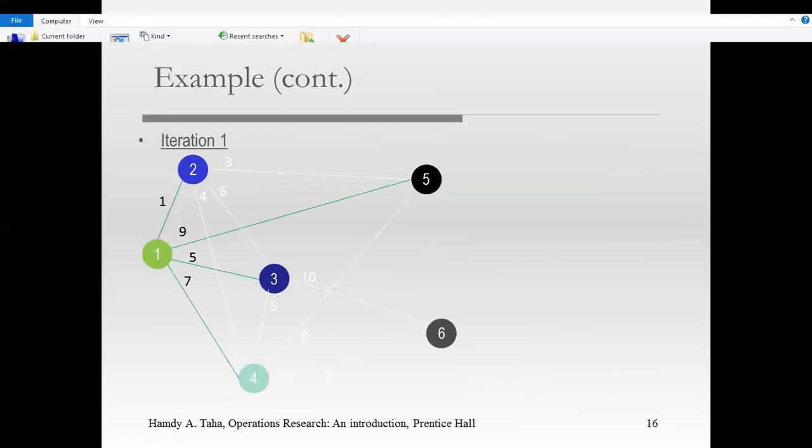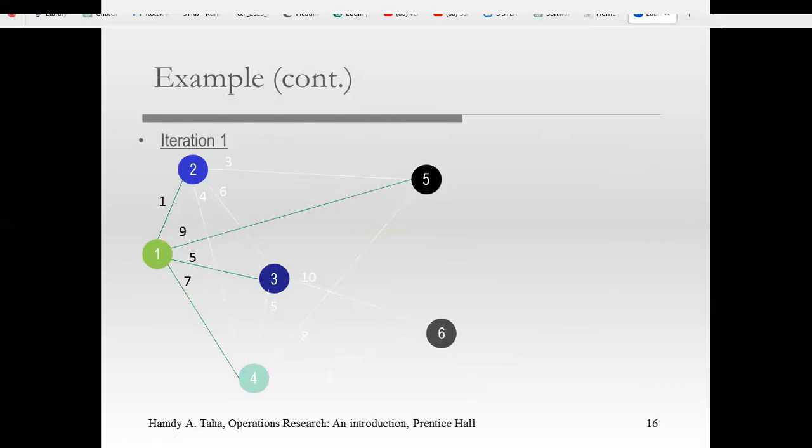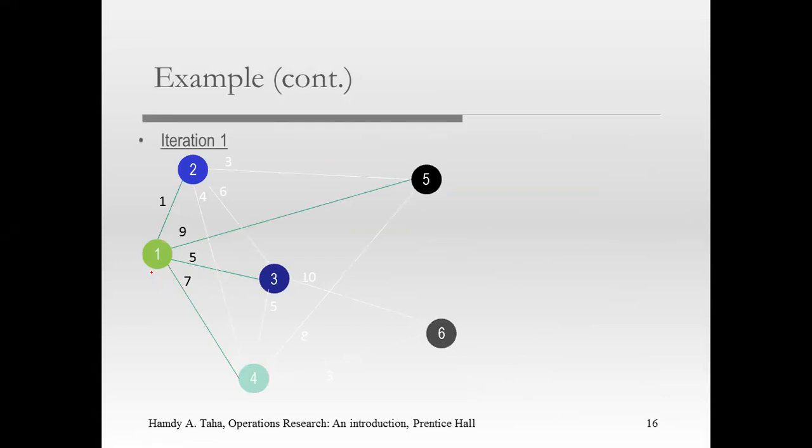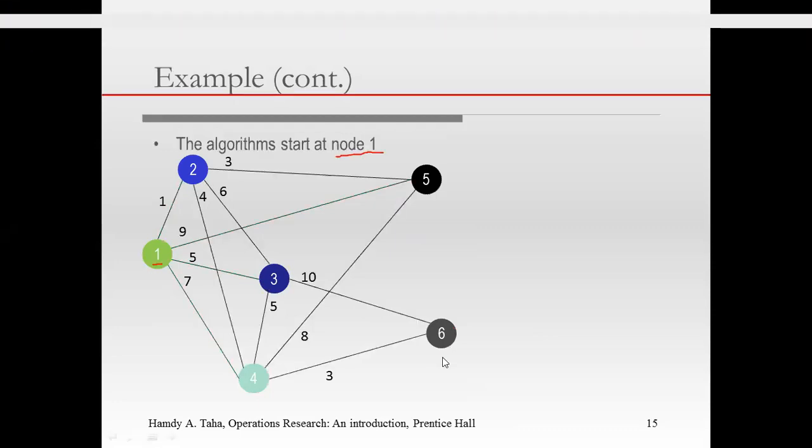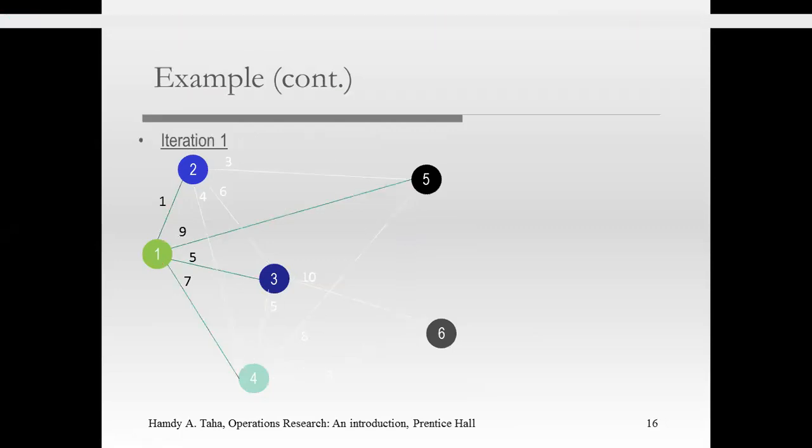Of course, the first thing, iteration 1, you need to check from 1 what nodes we can go to. Here we can see we can go to 2, 5, 3, and 4. We cannot go from 1 to 6. Based on this figure, we only have several options. From 1 we can go to 2, 5, 3, and 4. And then all we have to do is to find the shortest.